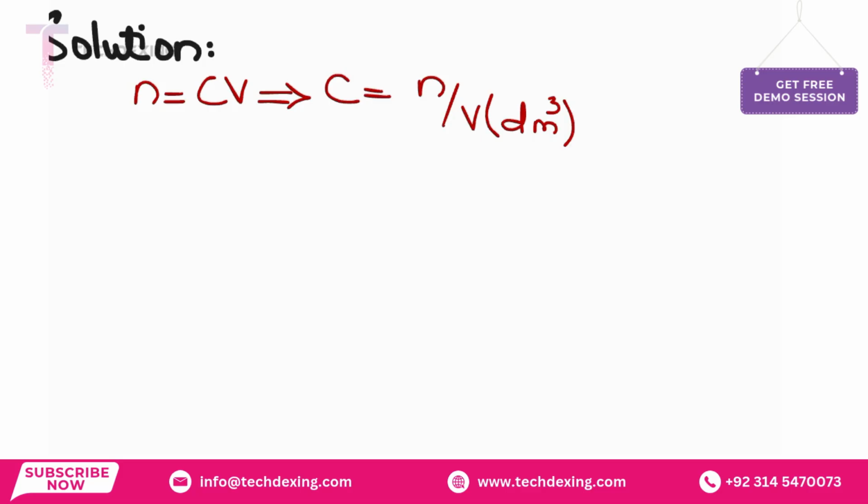In the question you have seen that the volume is given in the form of centimeter cube, 500 centimeter cube. So can you tell me how we can convert the volume from centimeter cube into decimeter cube? By dividing by 1 million. Dividing with what?